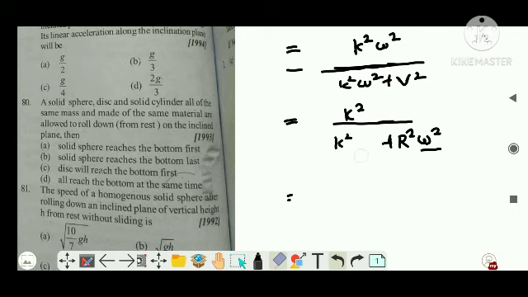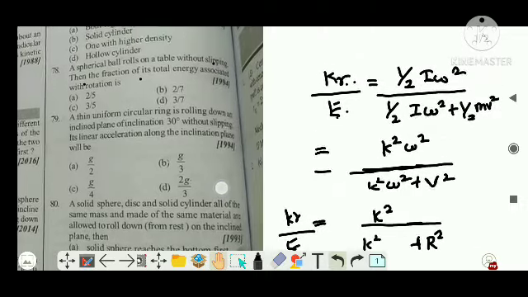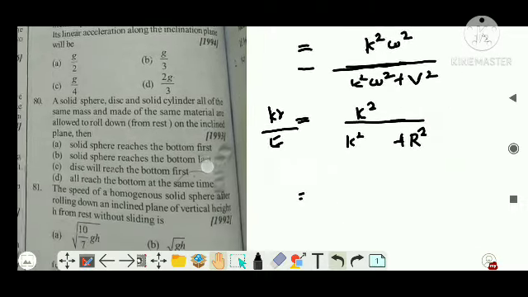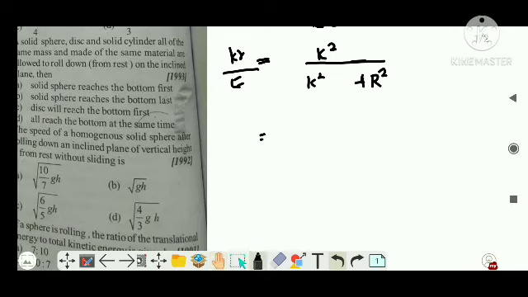So you will get the ratio of rotational kinetic energy to total energy as k squared divided by k squared plus r squared. Now what is k squared in the case of this material? It's a spherical ball. Either you can go by this method, or I will take k squared as common, so it will be 1 over 1 plus r squared by k squared. Can I write it like this?